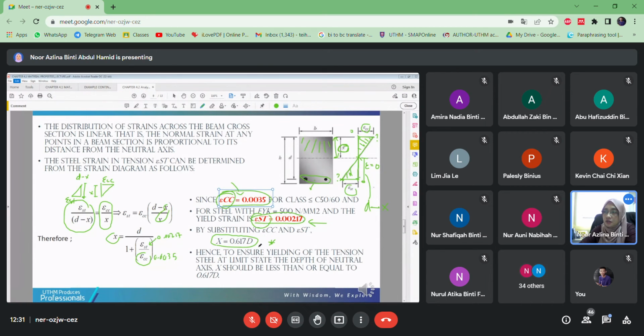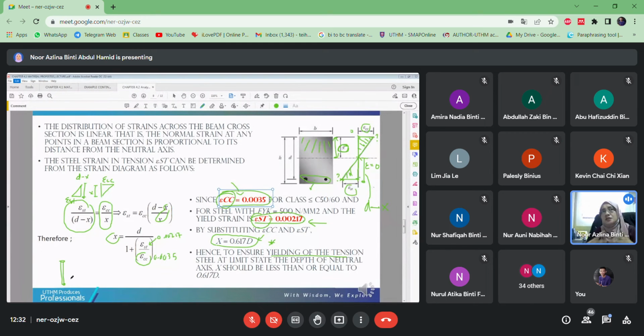Once you have this value of X, which is 0.617D, where D is the depth of the beam section, this ensures that the reinforcement steel can achieve its yielding point, its yielding strength. If the steel reinforcement does not achieve yielding, it does not have a transition from elastic to plastic.